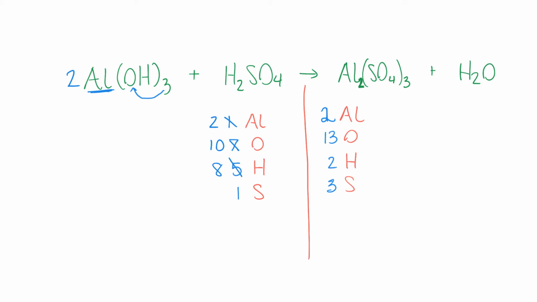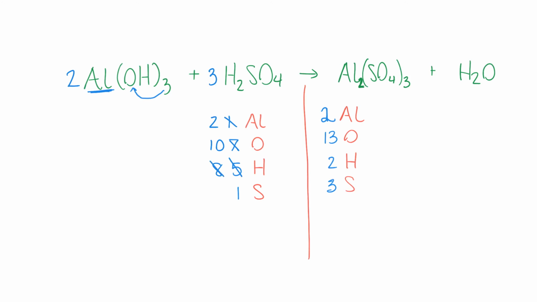Okay, now we also said the sulfur needs to triple. So if we triple this sulfur, what does that do? That gives me 6 hydrogen, and then don't forget I had 6 over here. So now how many hydrogen am I at?